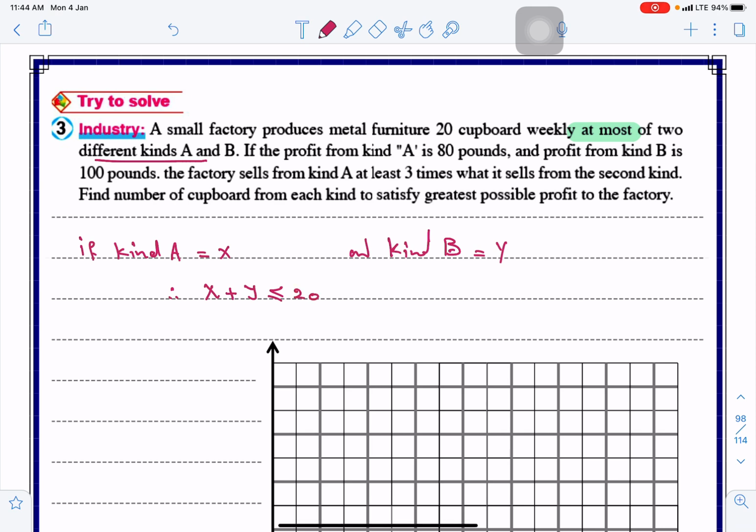If the profit for kind A is 80 and the profit for kind B is 100, the function here equal 80x plus 100y.